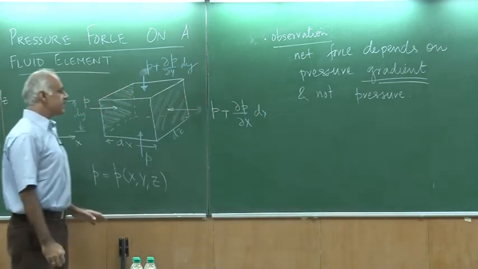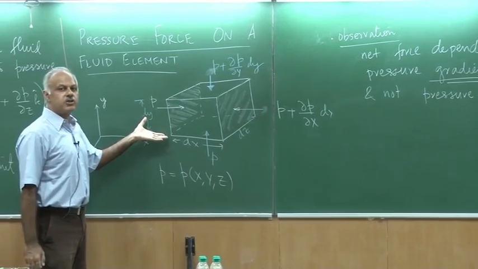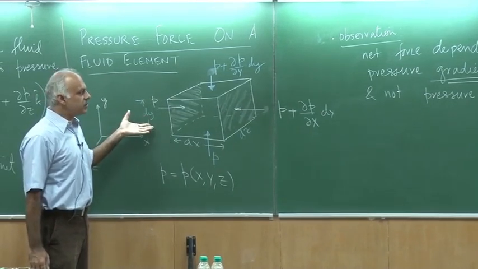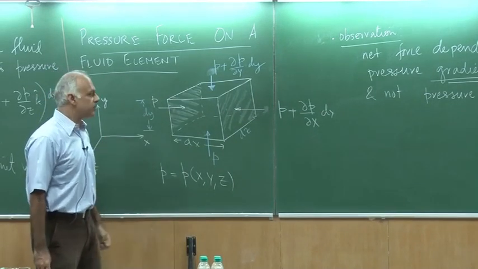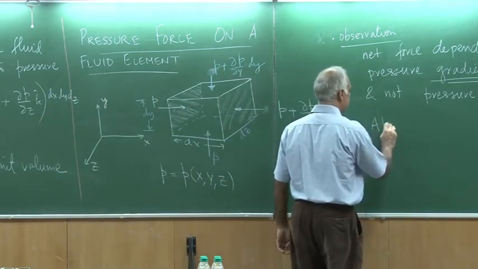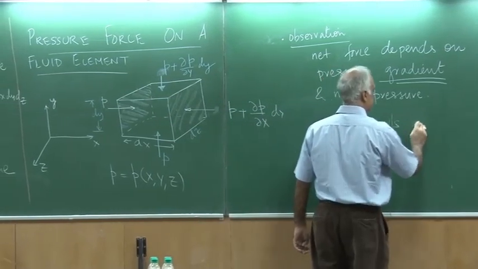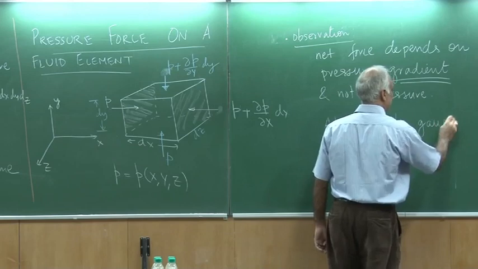Okay. So this is a very important result, that the absolute value of the pressure is not so important. It is actually how the pressure is changing in the fluid that is more important. So often we have this concept of absolute versus gauge pressure.